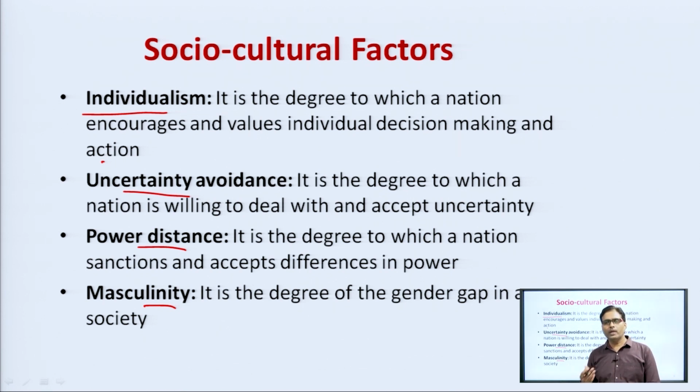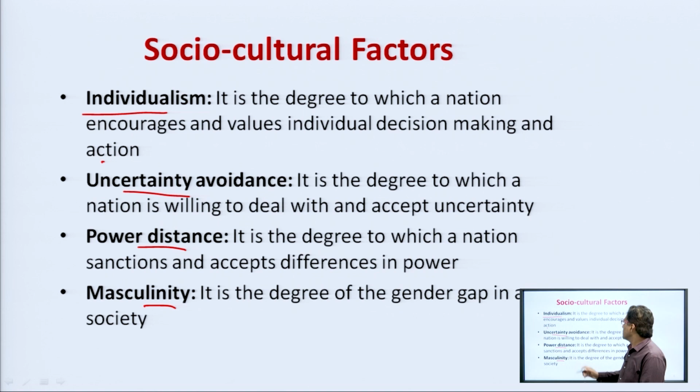Many times they may escape from many risks just by making the better decision at the right time. So individualism is a factor that directly affects your business, and it comes from the people where you are going to start your business.